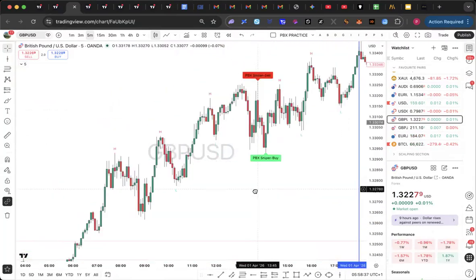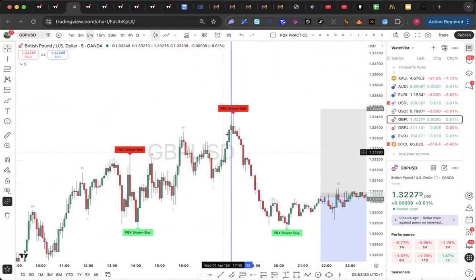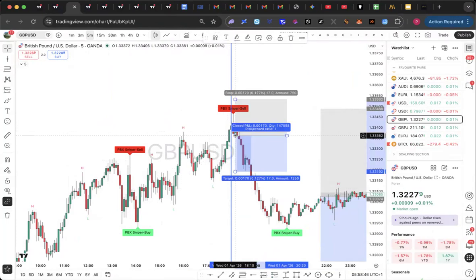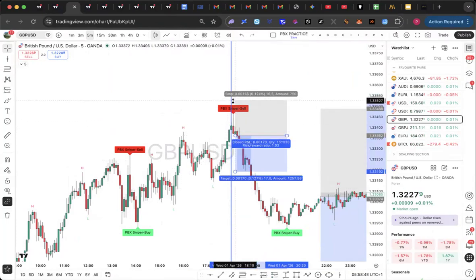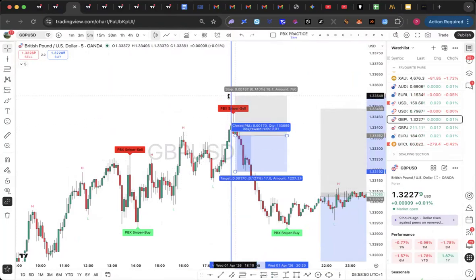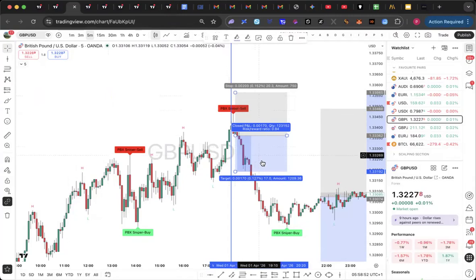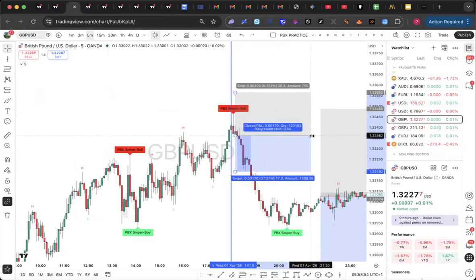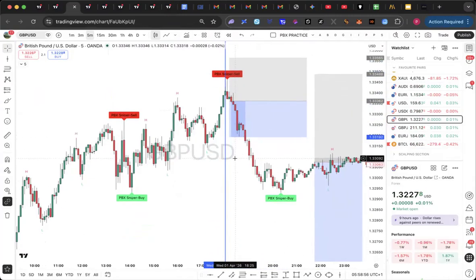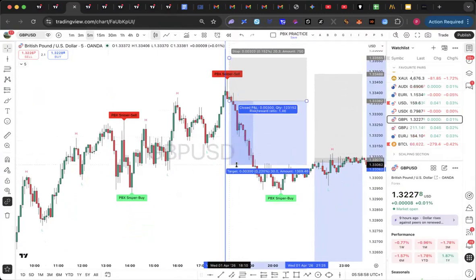All right. So now let's go. If you wait for this candle to come, that means you are going to take this trade here. See your stop loss. Just like 17, let's just make it 20 pips as your stop loss. Okay, so 20 pips as your stop loss. So 1:2 risk reward.